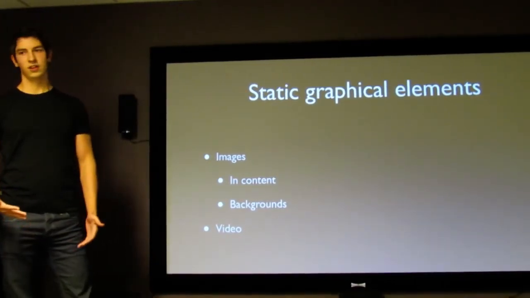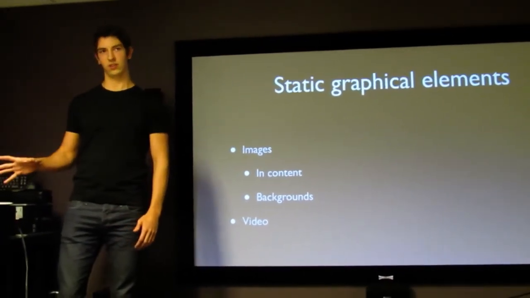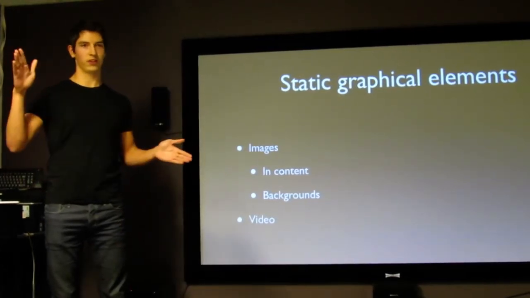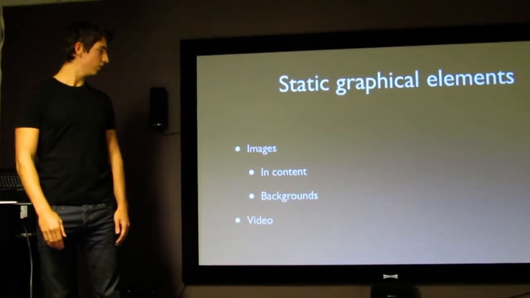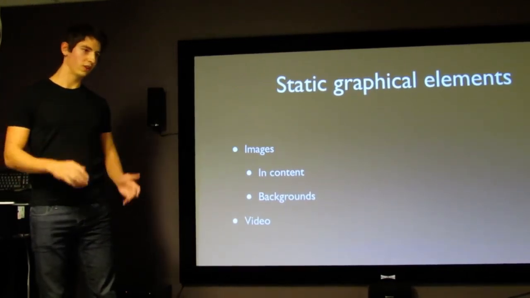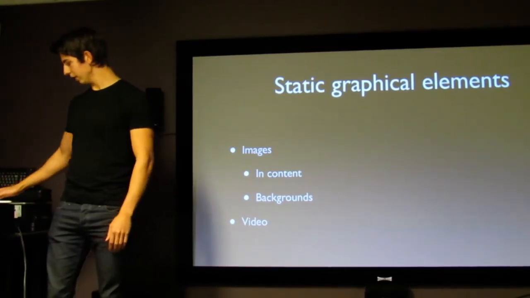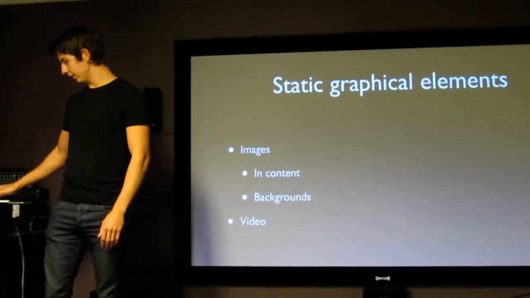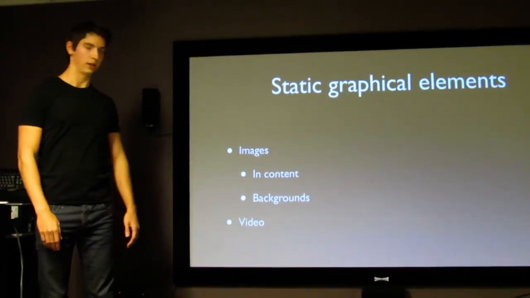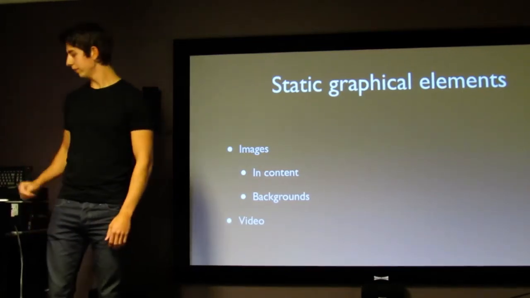Since this screen doubles everything up, if the image isn't of high enough quality, then you just get a double-sized image. And even though you think it wouldn't be that much of a problem, it actually looks worse than it would on a non-Retina screen. And those are images that are in the content, in the background, like background images or logos or whatever, and videos.